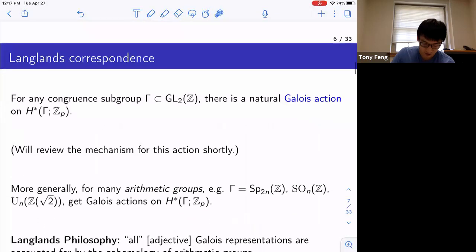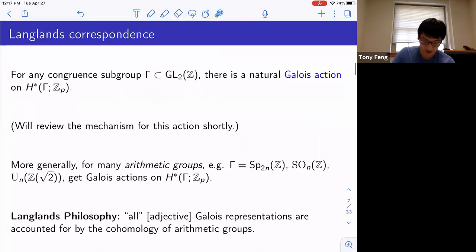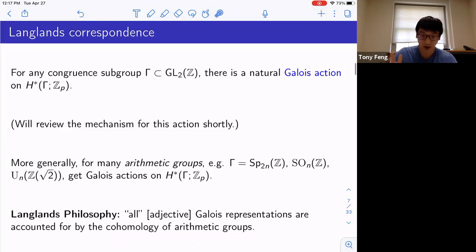And roughly speaking, the Langlands philosophy is that all Galois representations with appropriate adjectives can be accounted for in the cohomology of arithmetic groups. So this is some sort of notion of automorphic form. But I would caution that one shouldn't try to extrapolate more than I've said.